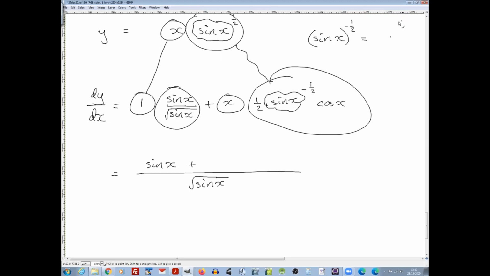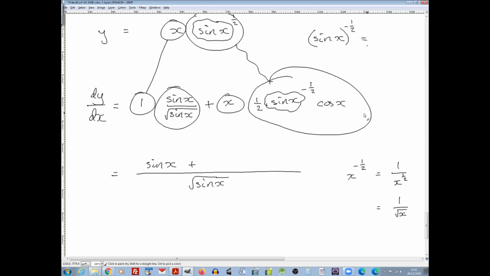No, sorry, it wouldn't be sine x over that. What's another way of writing x to the minus a half? Would it be 1 over x to the half, wouldn't it? That's better. Yes, exactly. Or 1 over root x if we prefer.